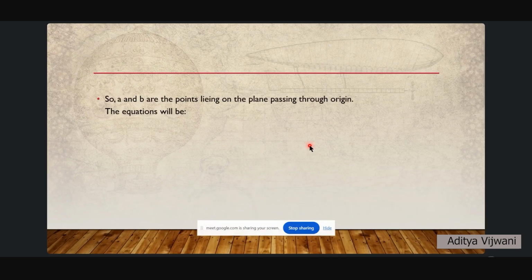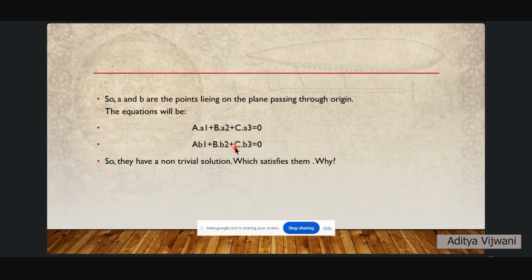Now the equations of the plane passing through origin, I wrote them as aA1 plus bA2 plus cA3, and similarly aB1 plus bB2 plus cB3. So these two equations will have a non-trivial solution which satisfies them. Why can I say that these two equations have a non-trivial solution?